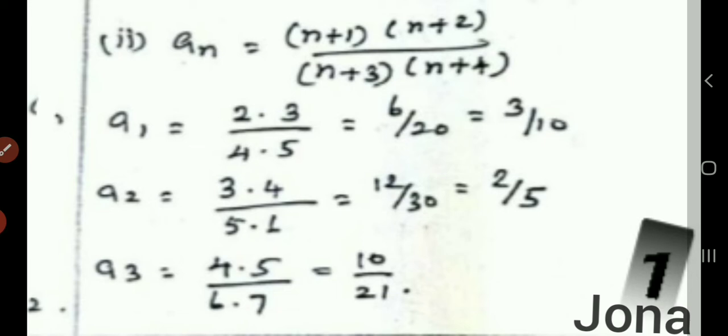If you cancel, we can get 3 by 10. Likewise for a2, 3 into 4 by 5 into 6, which is 12 by 30 equal to 2 by 5. And then a3 is 4 into 5 divided by 6 into 7, which is equal to 10 by 21. We couldn't cancel anything here, so keep as it is.